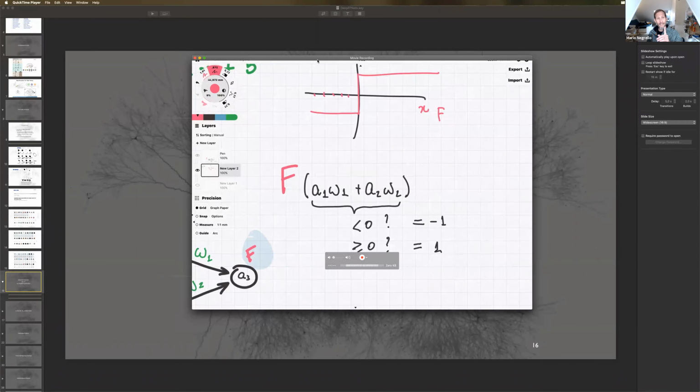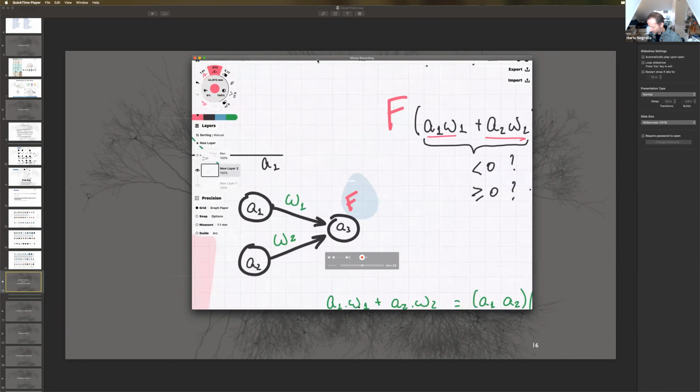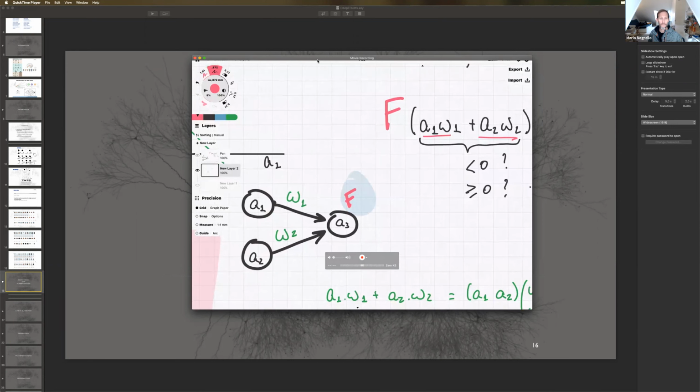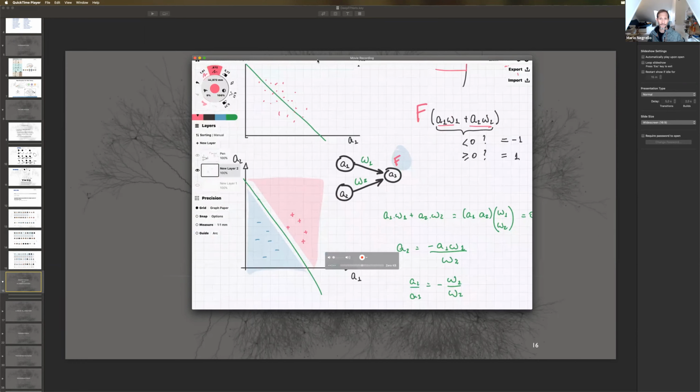So if you apply this function to the operand of a neural network, which is basically combining the activation of two different neurons, A1 and A2, you basically are separating the positive from the negative side of the world as such.